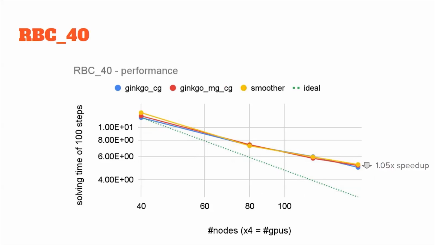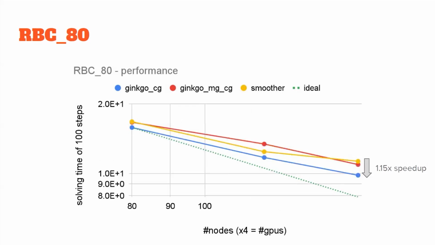And then for RBC, it's designed for HPC, so you need to run more nodes here. We run 40, 80, 120, and 160 nodes. On the rightmost side, we run up to 116 nodes, so it will have 340 GPUs here. And it's quite close together, so you only get about a 5% speedup from Ginkgo CG compared to the smoother.